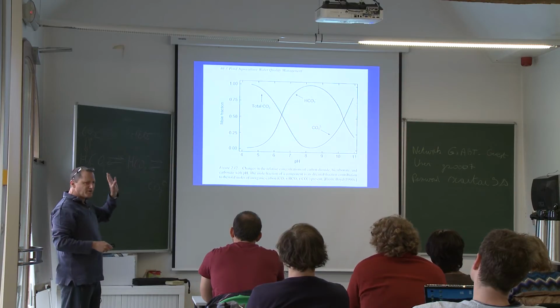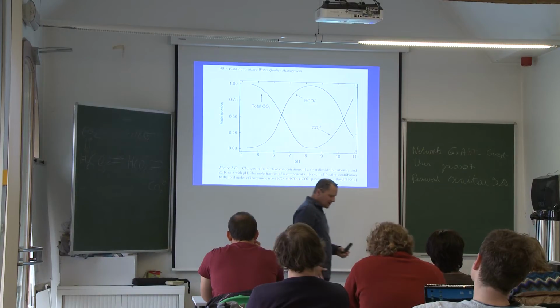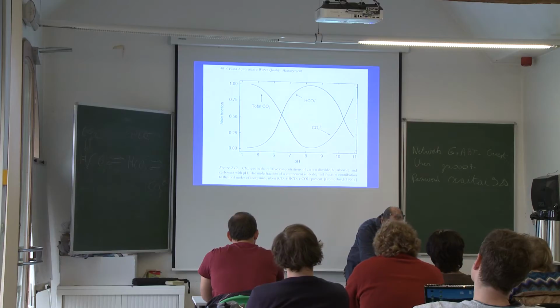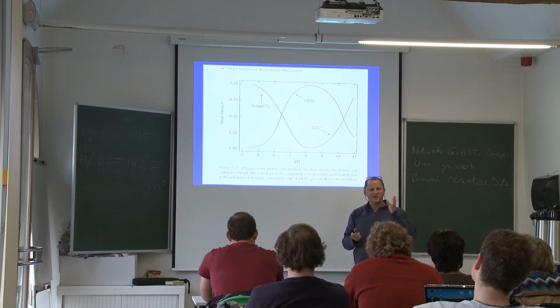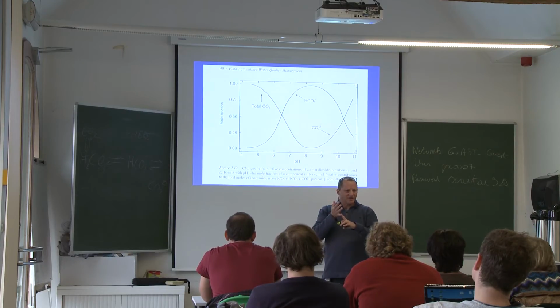So it's really an important issue in aquaculture, and very important to identify it and make sure that we do not forget to add alkalinity, because there are some processes that consume or produce alkalinity in the water. For example, nitrification consumes alkalinity and produces acidity.